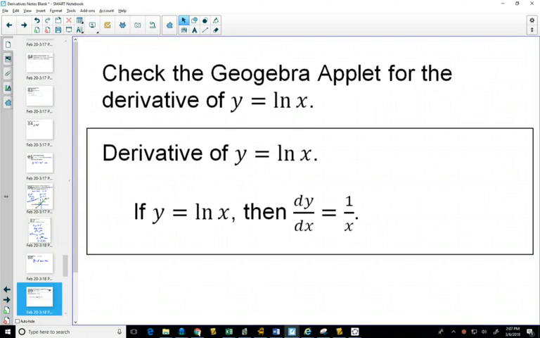The reason it's only half of the 1 over x graph is because the domain of natural log is just from 0 to infinity. You can't take the natural log of 0. You can't take the natural log of any negative number. So when you do your derivative, it is 1 over x, but it only exists for when it's positive, because that's when your original function existed.